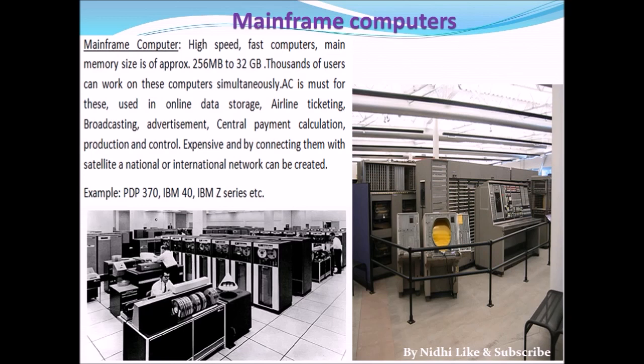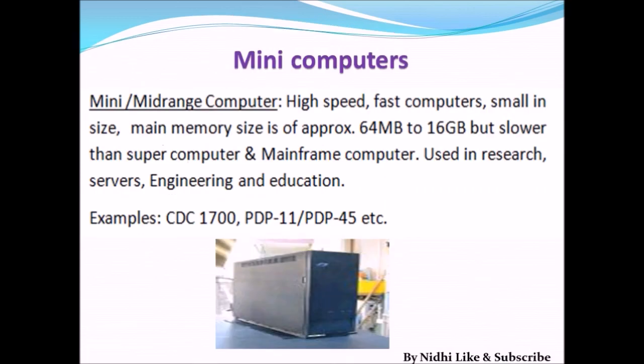Next is minicomputers. A minicomputer is also known as a mid-range computer. Their speed is slow compared to supercomputers and mainframe computers, but they are also high speed, fast computers, and they are small in size. Memory size is approximately 64 MB to 16 GB. Main memory here means RAM and ROM.